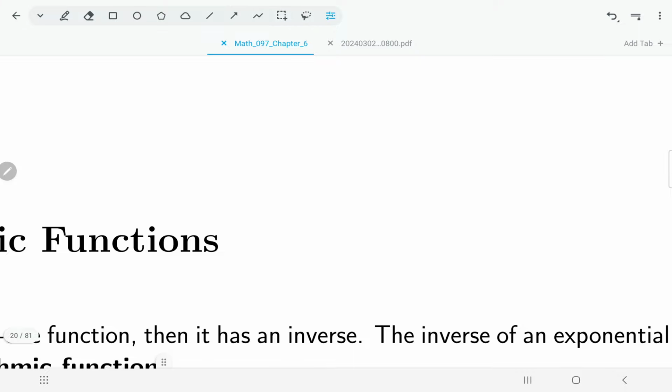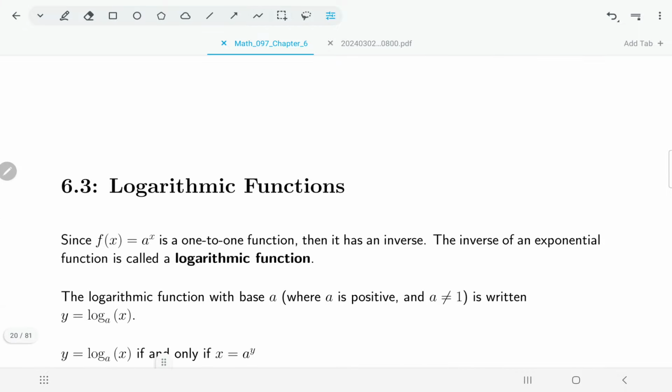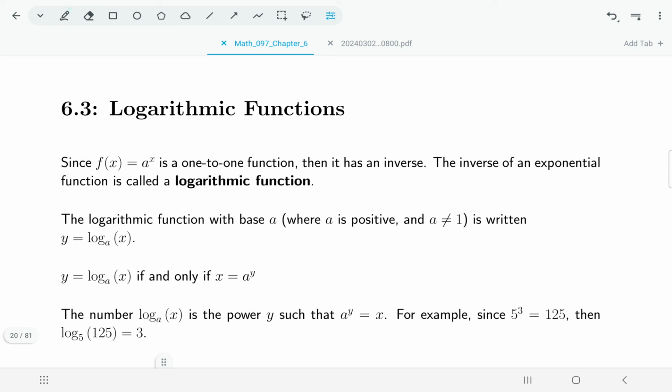So let's think about what we just learned in 6.2. In 6.2, we looked at the graphs of exponential functions, and for any exponential function there was a horizontal asymptote, and it had one of two shapes depending on whether it was an increasing or a decreasing function. But either way, the exponential function is a one-to-one function.